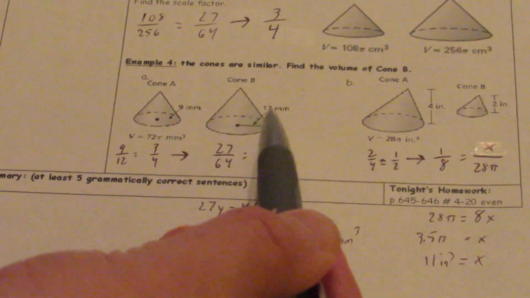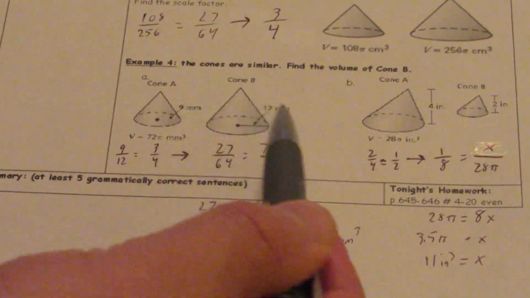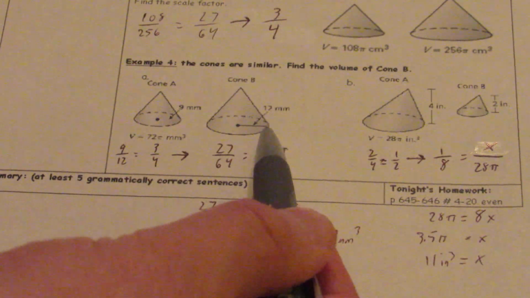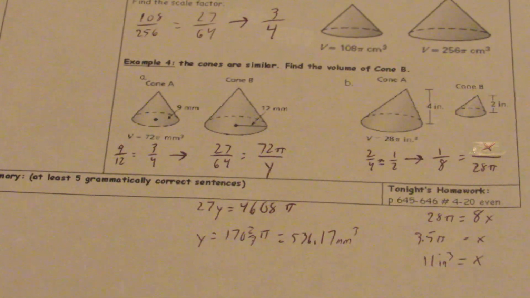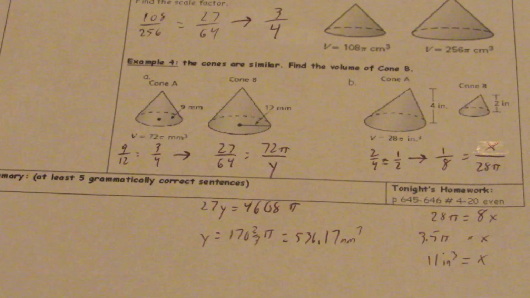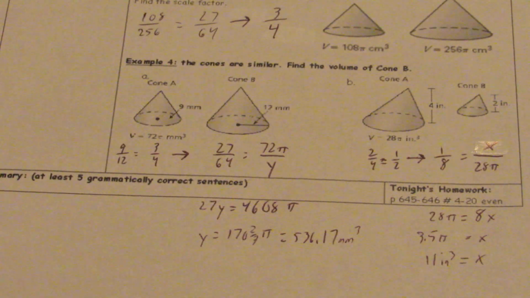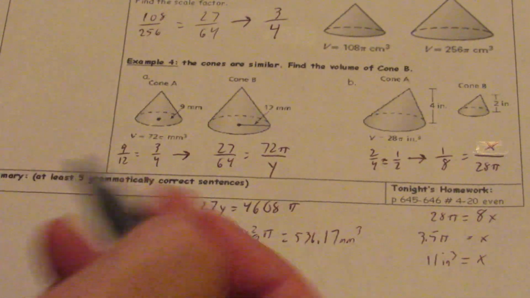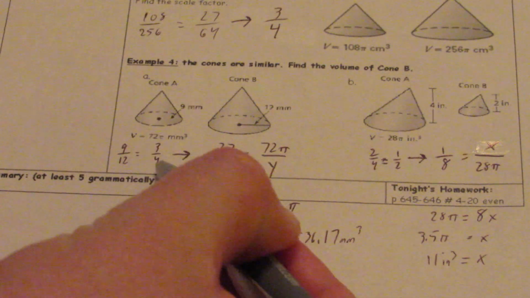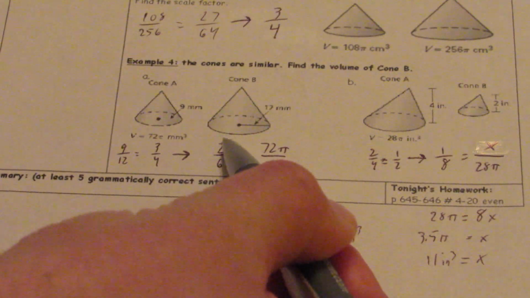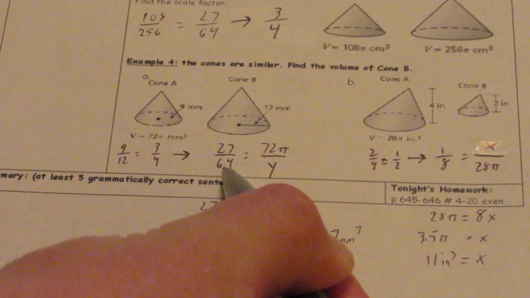They also give me the radii, 9 millimeters and 12 millimeters. So if I set 9 to 12 up as a ratio and reduce that, 3 to 4 is the ratio, my scale factor. Since I'm dealing with volume, I need to cube that. So I have 27 to 64.